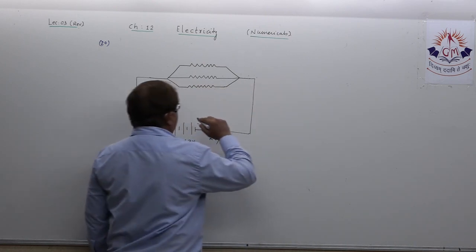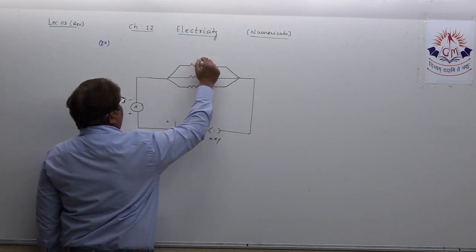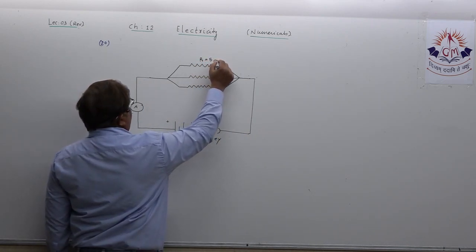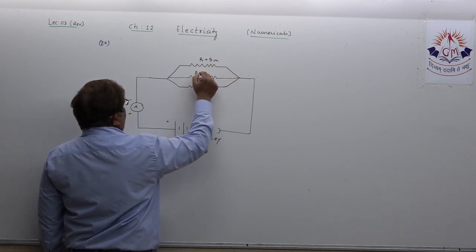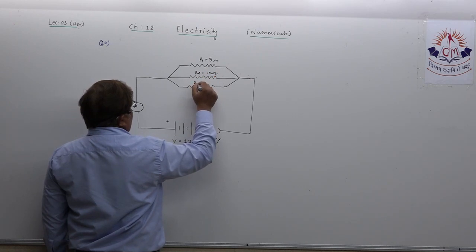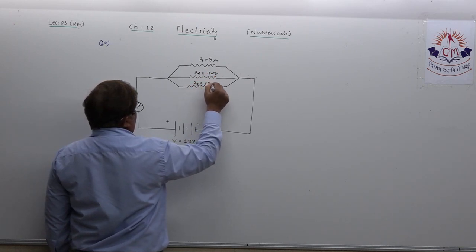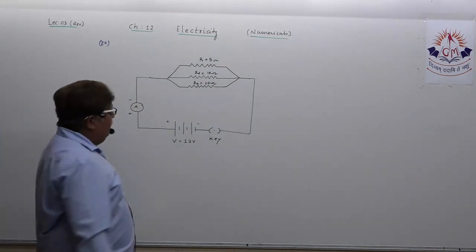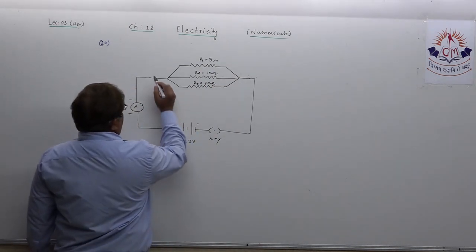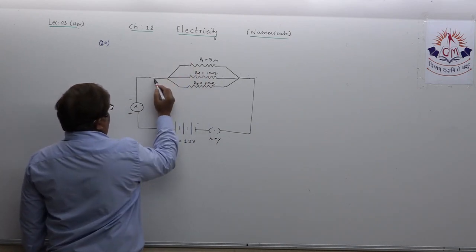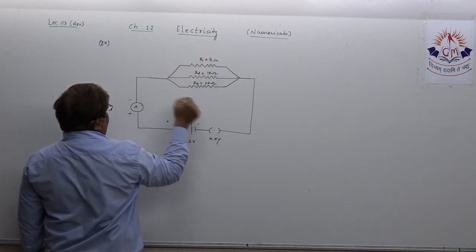And dear student, as I told you, suppose this is R1 5 ohm, R2 10 ohm, and R3 that is 30 ohm. Three resistors, 5, 10, 30. And then you also need to show a voltmeter.